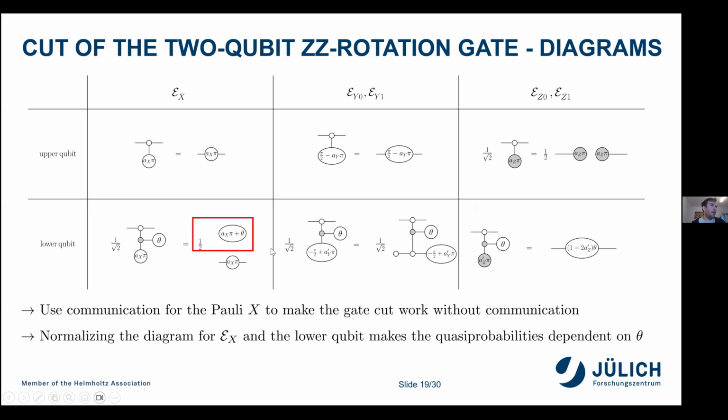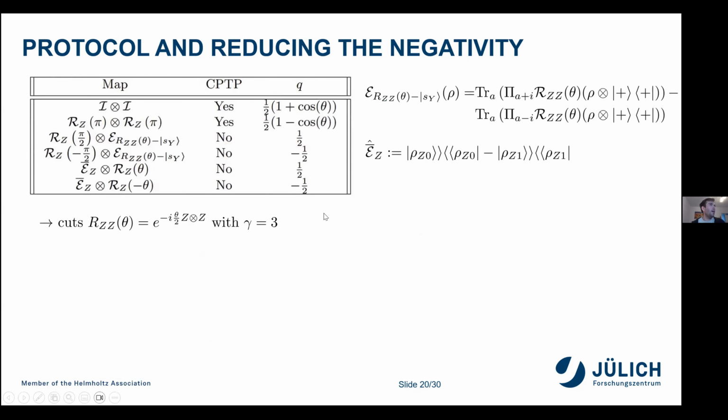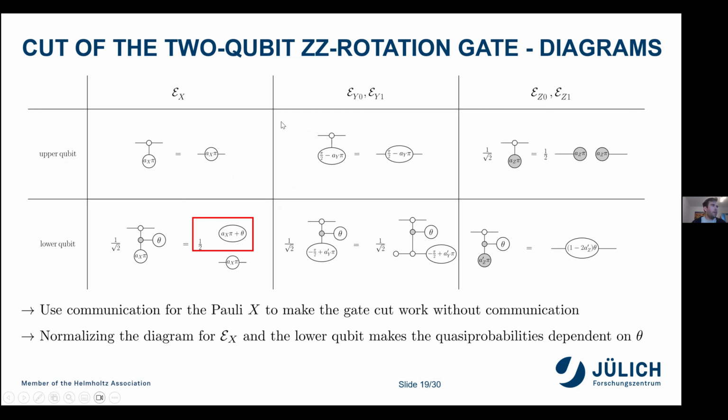Again, this diagram here is not correctly normalized, and we can normalize it by adapting the probability. This will make the probabilities dependent on the rotation angle because this scalar is dependent on this angle. Again, we get different maps in the protocol. The first two lines simply correspond to applying the identity or a rotation about pi.